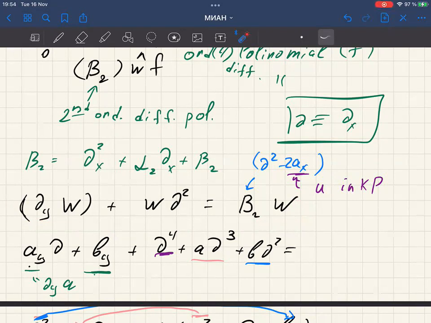Well, Vadim, such an approach is more than 50 years old, I guess. Yeah, probably, but I never saw it before, and I think it is an interesting way to look at this hierarchy.